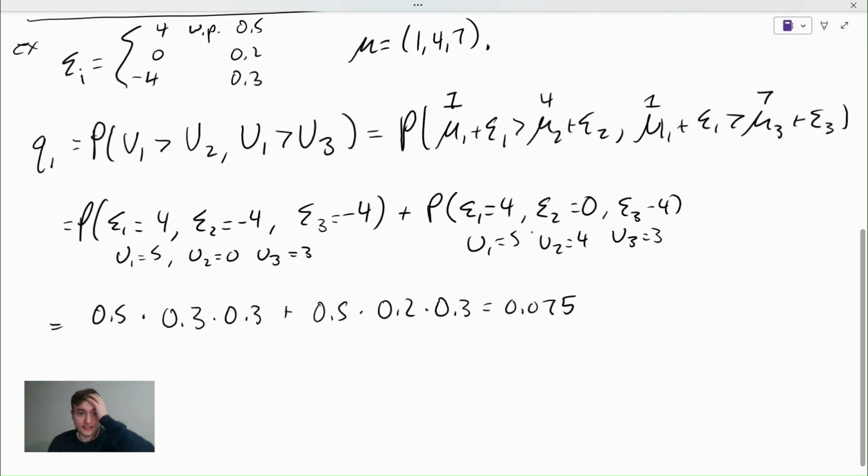And see, with a simple function for the PMF, we can easily compute a probability. Even if it's a more complicated distribution, we can easily compute the probability given a certain mu value, right?